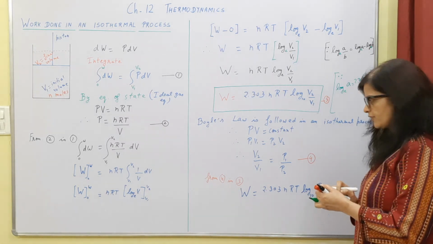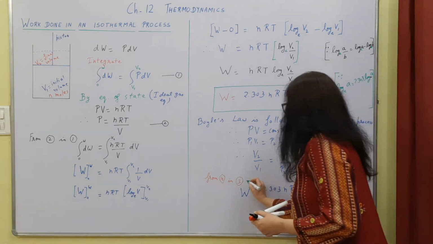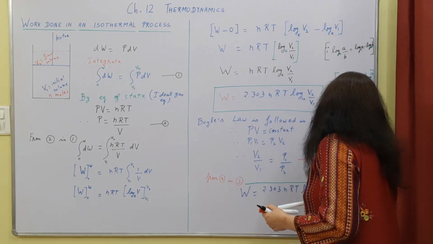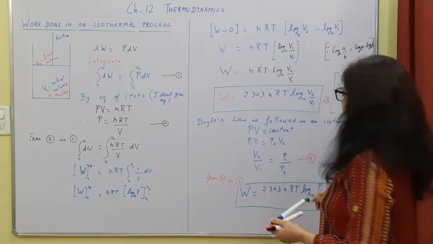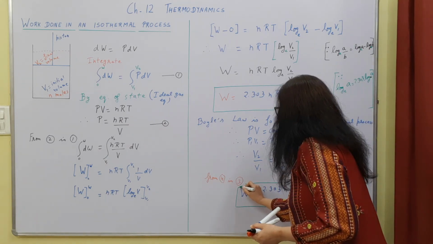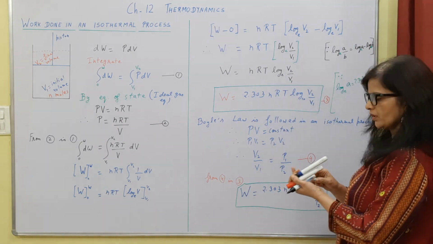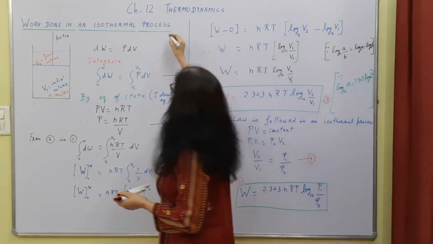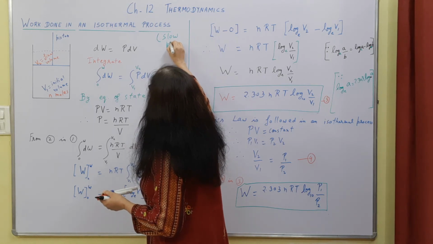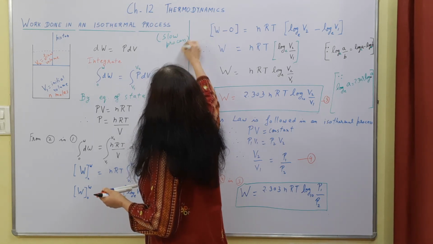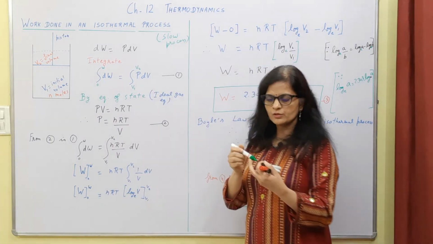So this is the second form of the formula for work done in an isothermal process, right? And we need to remember here that this is a slow process. Isothermal process is a slow process.